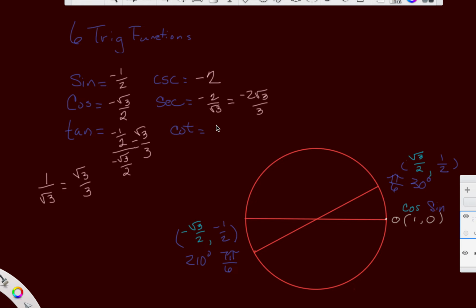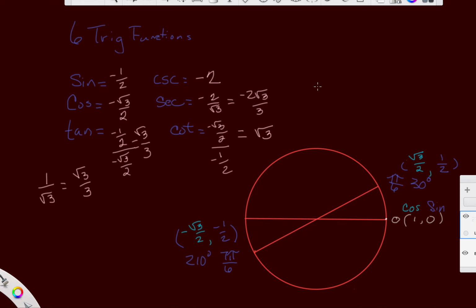And last but certainly not least, we will have negative root 3 over 2 divided by negative 1/2 for cotangent, and that would just simplify to root 3.